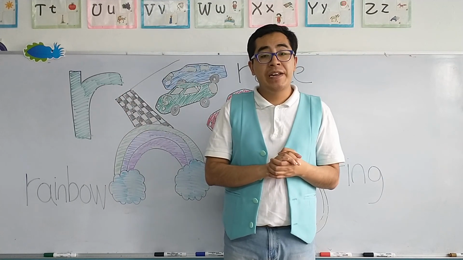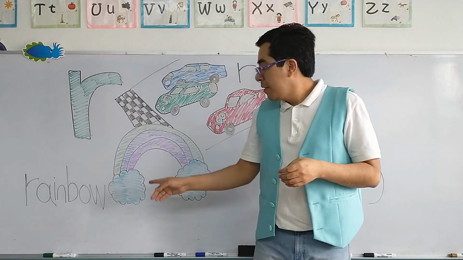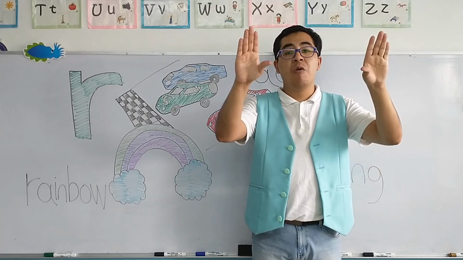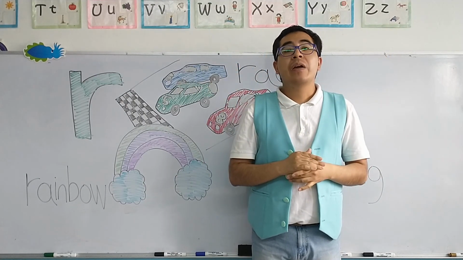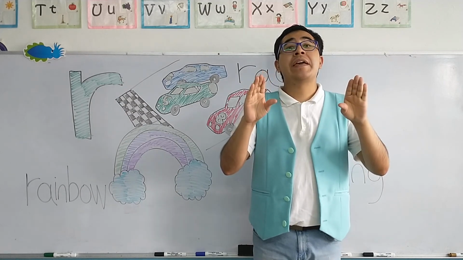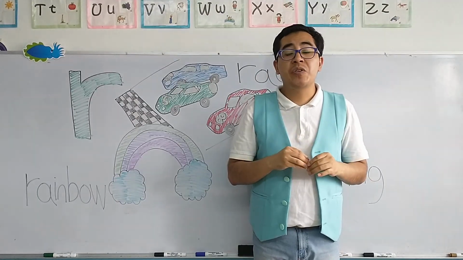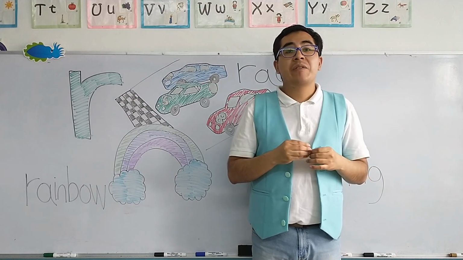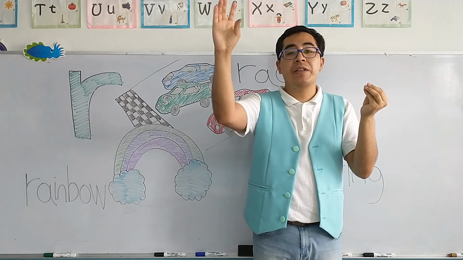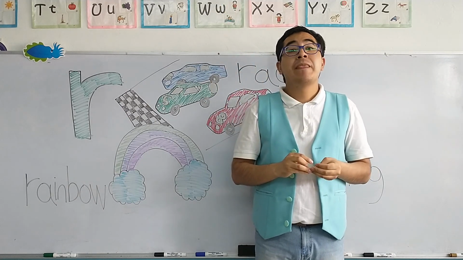Okay, now finally we have the rainbow. Now the word rainbow in Spanish, el arco iris. And the rainbow is a reaction that is created when we have rainy days and it's combined by the sunlight.